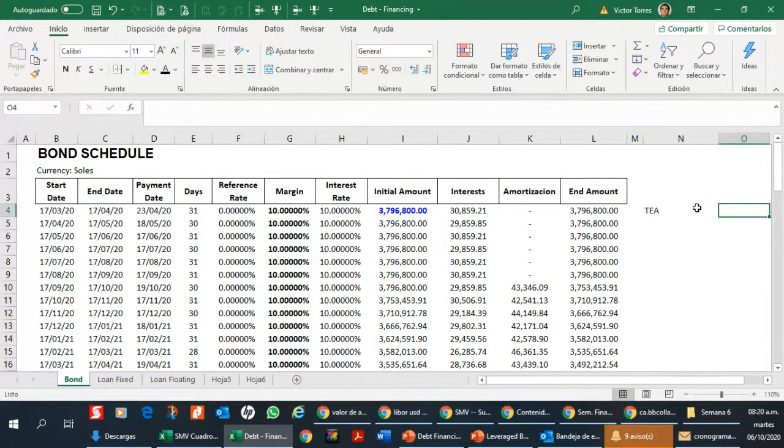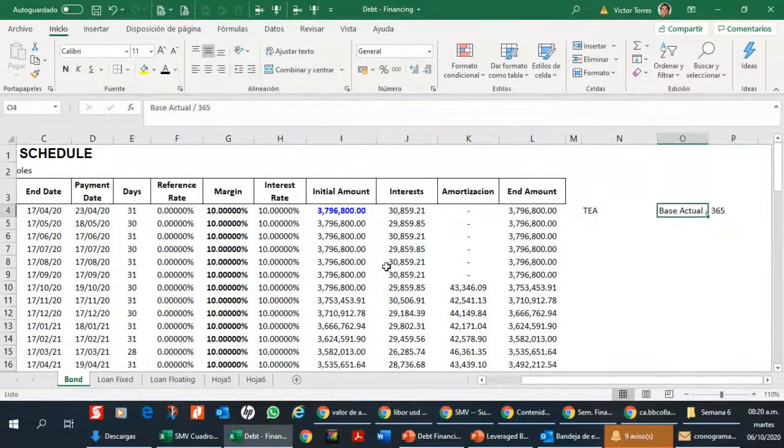What are the key characteristics that you need to figure out is, okay, what is the capitalization period and what is the base that we're going to be using, right? We're going to be using here actual over 365, right? As it appears in the formula that you can see.